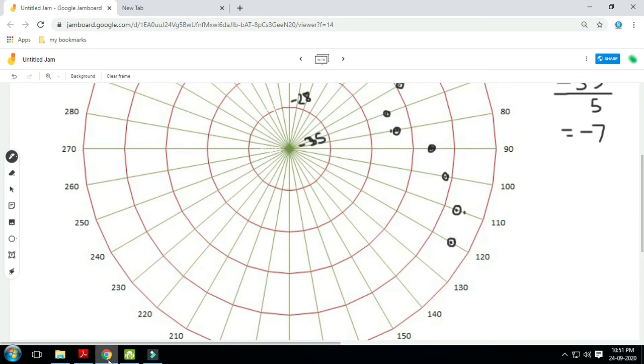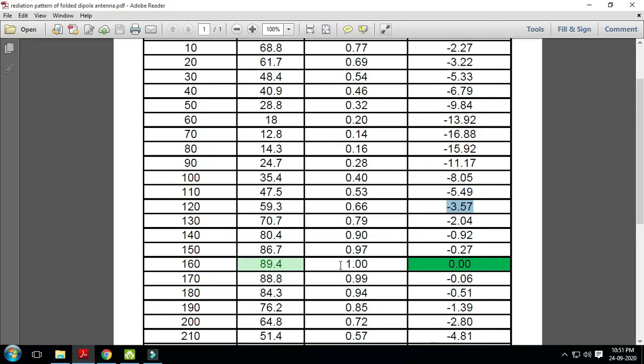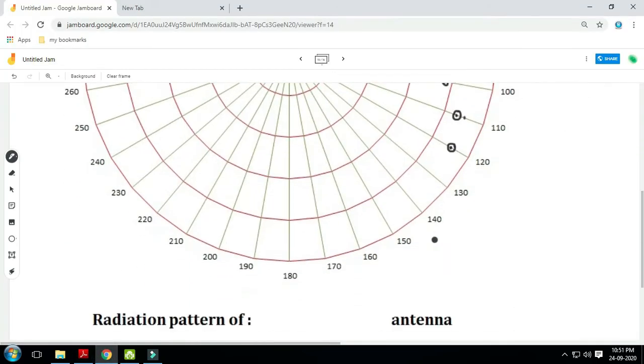Then 130 degrees, minus 2.04. Say this is the midpoint, that is minus 3.5, and 2.04 is somewhere between 0 and minus 3. So I put that reading here.